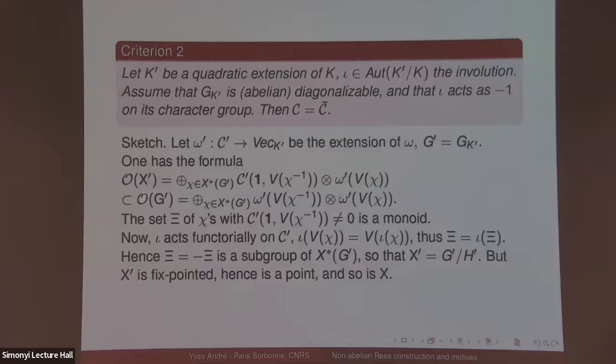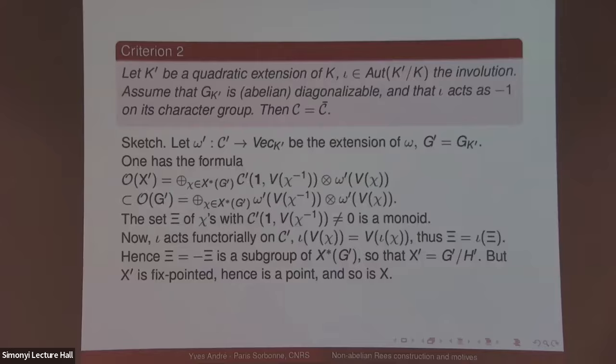And this is the algebra of G', which can be written in this way. So this formula. So now I denote by capital Chi the set of characters chi such that this piece is non-zero.